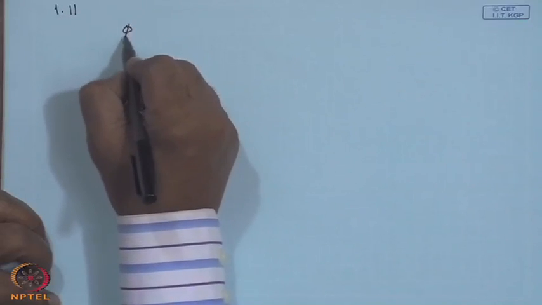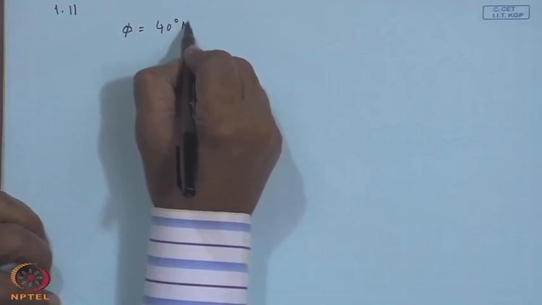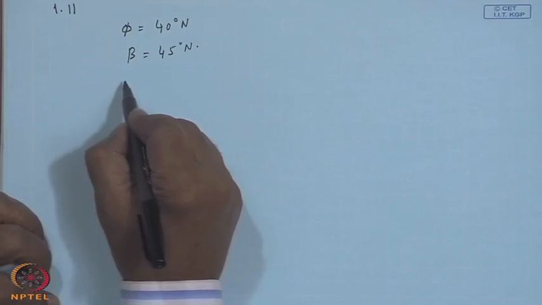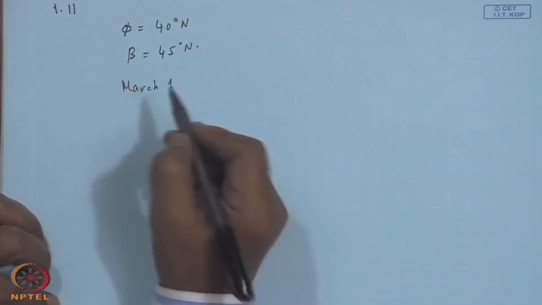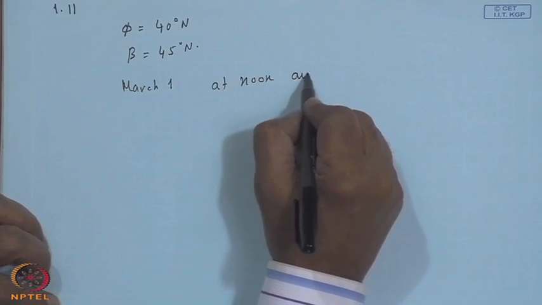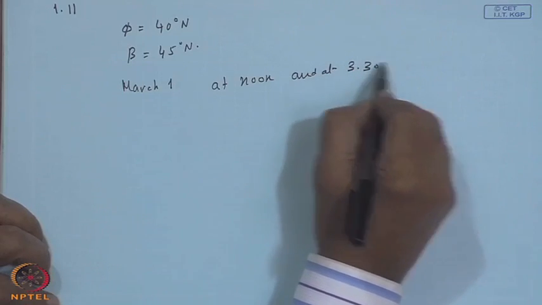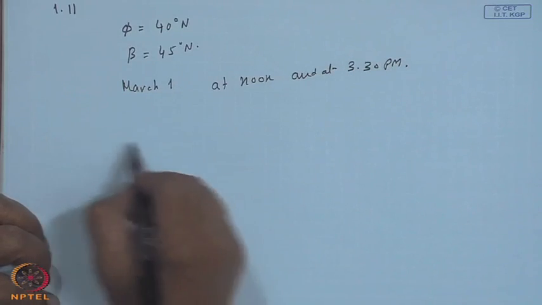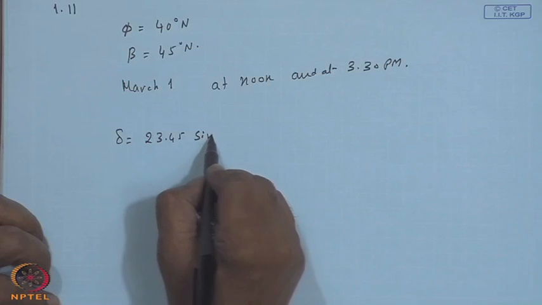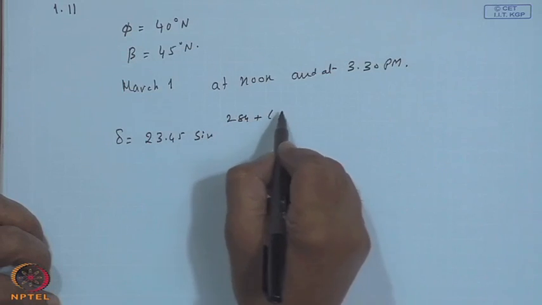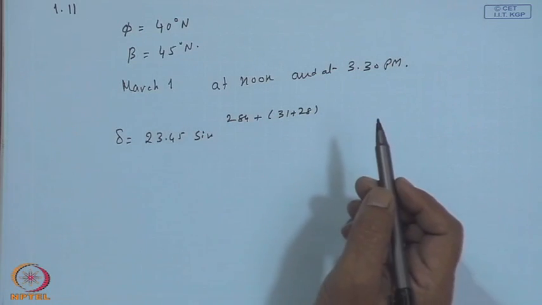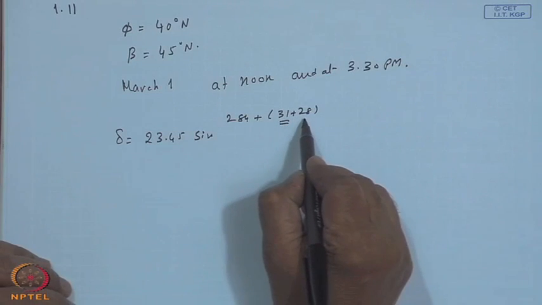1.11: latitude is 40 degrees N, slope beta is 45 degrees, March 1, and at noon and at 3:30 p.m. So, declination is 23.45 sin of (284 plus 31 plus 28), because this is March 1st, 31 days for the month of January and 28 for the month of February.